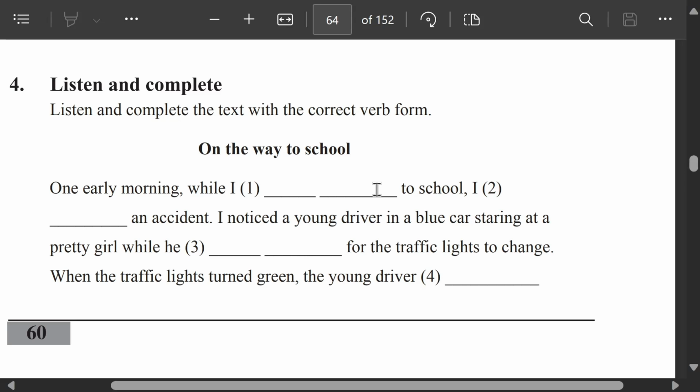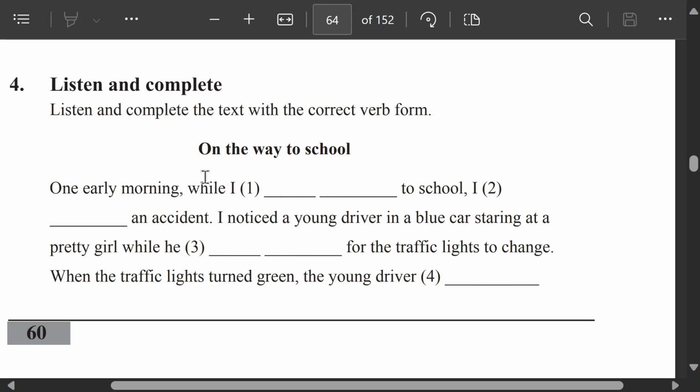Yes, it's the past continuous. One early morning, while I was going to school, I was doing that action in the past, and then something happened. I was going to school, or I was walking to school, or I was driving to school. Okay?